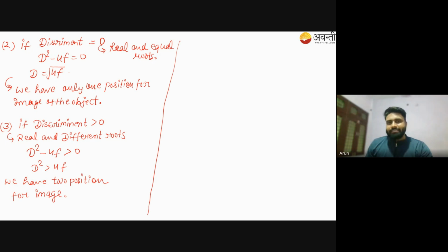So how does it exactly look like? This is the equation we have: u square minus Du plus Df is equal to 0. So what are the roots of this equation?